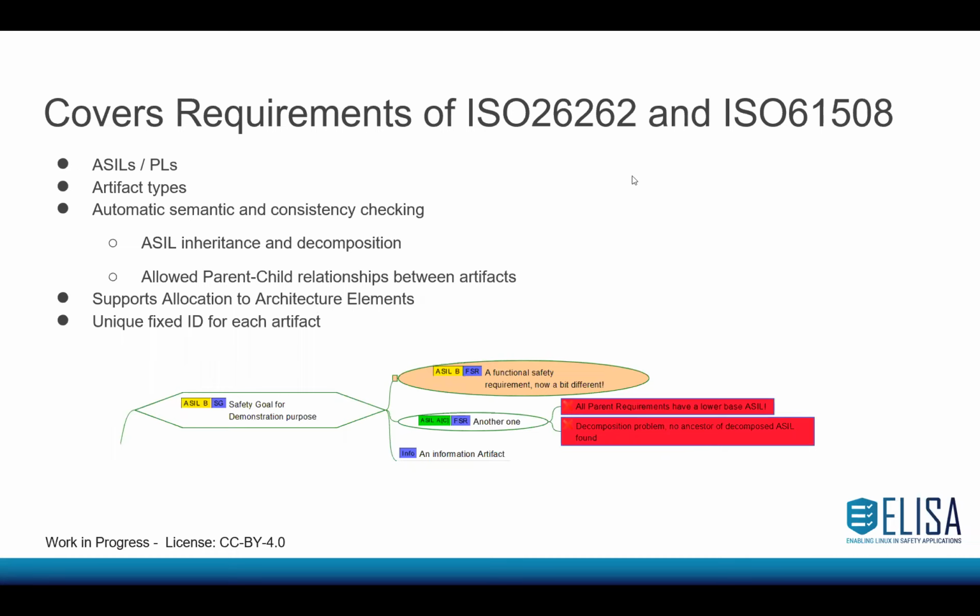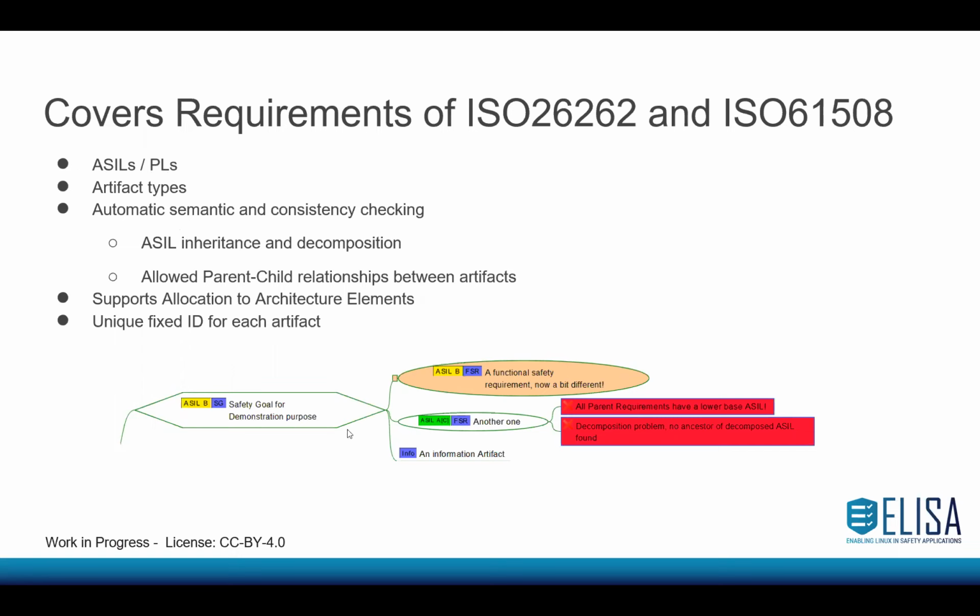Now, what is built into this add-on directly is support for both of the major safety integrity standards that have an integrity level system. Both the automotive one, ISO 26262, and ISO 61508 are built in as support, so you can track both ASILs or SILs, and it brings the support for managing those.